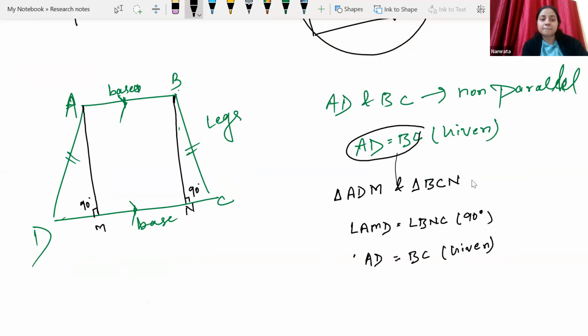Because both are 90 degrees, due to 90 degrees it's the same. Yes, AM and BN are the same, but why? Is it so that since we have dropped a perpendicular, that's why it's the same?